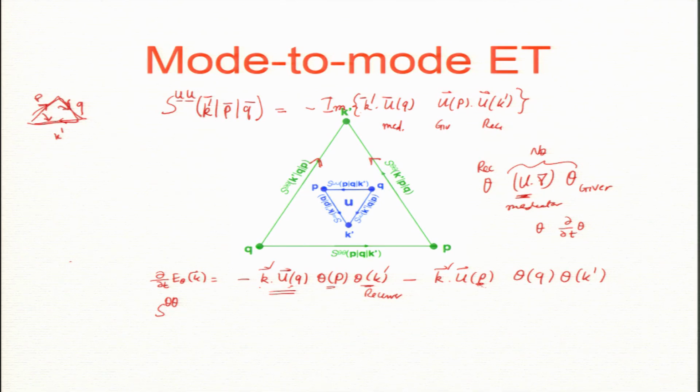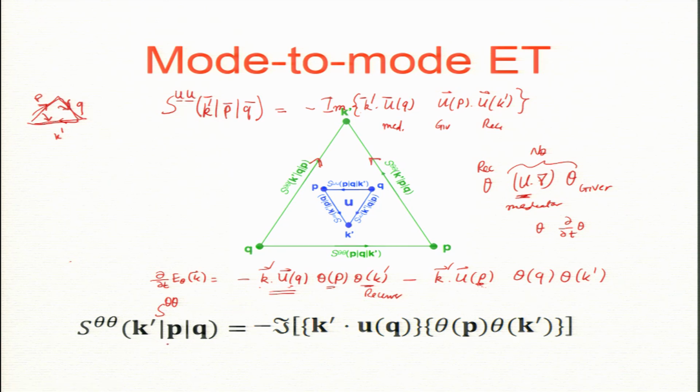I have it in my next slide, next click. So S theta theta p to k prime. If I am looking for it, then this must be the giver and this must be the receiver, and u, because theta theta are exchange, and the uq must be the mediator. So this is what I have here.